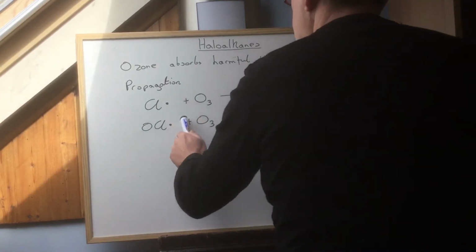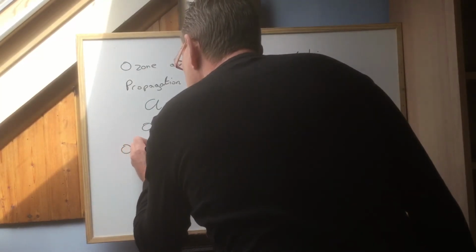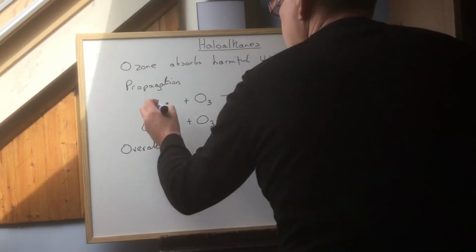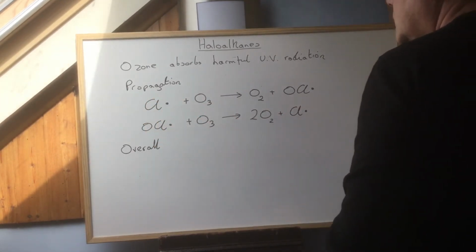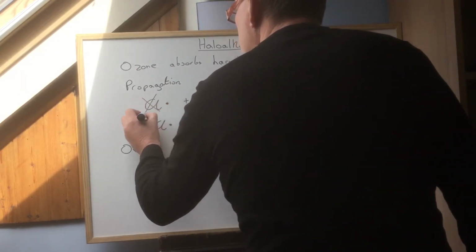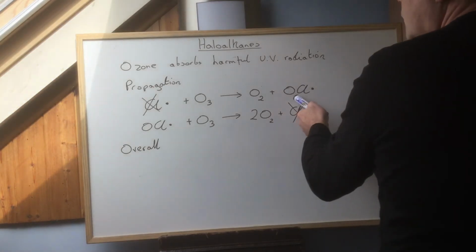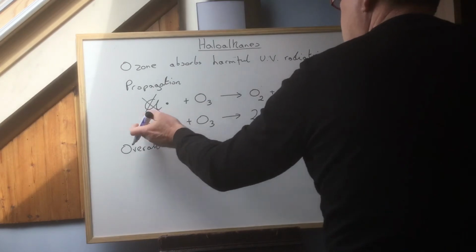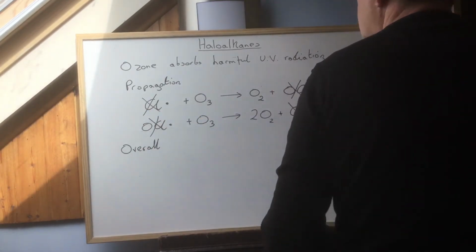I quite like this, it's quite clever, just like any other sum. Chlorine free radical on the left, chlorine free radical on the right, so that can cancel. Weird intermediate free radical on the right, weird free radical on the left. That can cancel. What does that leave us with?